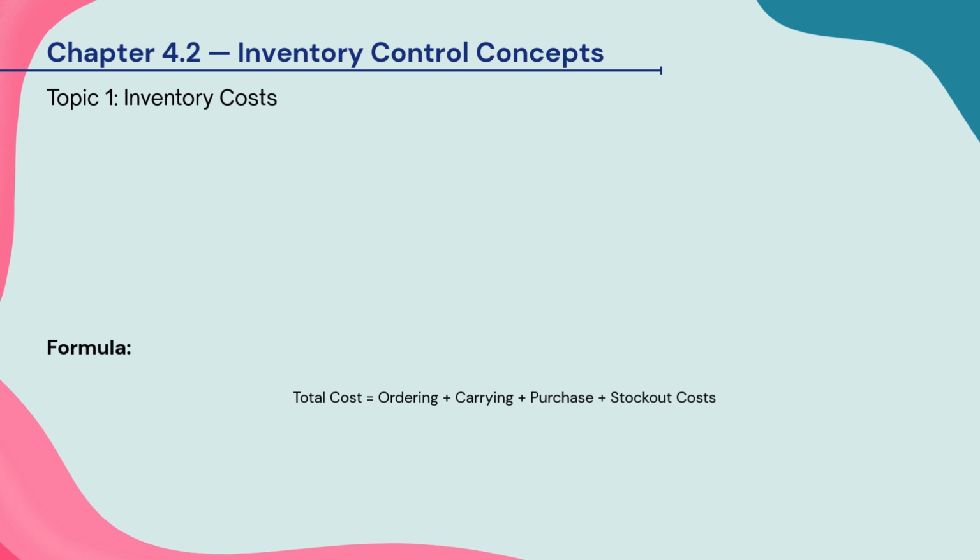Fourth is purchase cost, which is simply the cost of buying the product from the supplier. The total inventory cost is the sum of all these four. Total cost equals ordering plus carrying plus purchase plus stockout. The goal of inventory control is to balance these costs and keep total cost as low as possible.